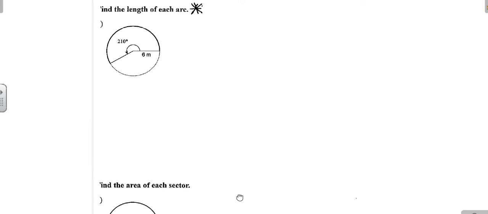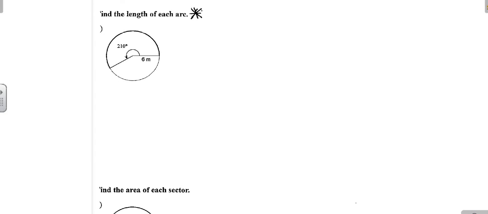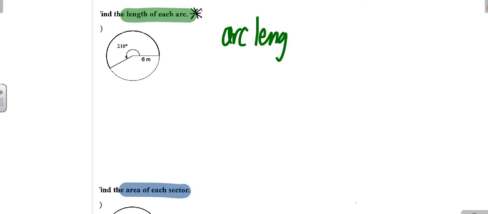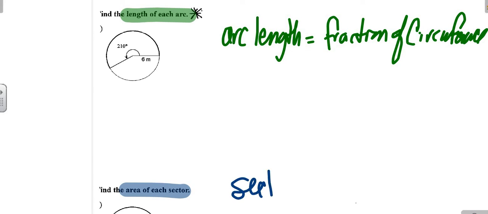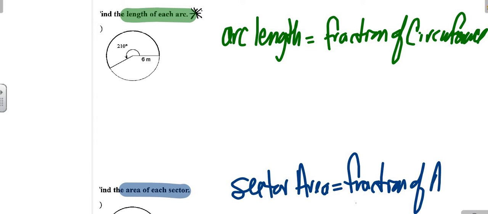These two, this one is length of the arc. This one is area of the sector. They both have the same idea. Arc length is simply a fraction of circumference, and sector area is a fraction of area.